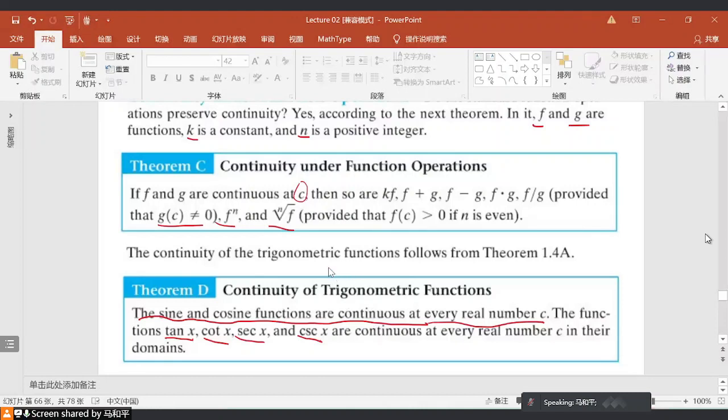Most of the time, we will meet these functions. They are continuous everywhere or continuous everywhere except a few points.